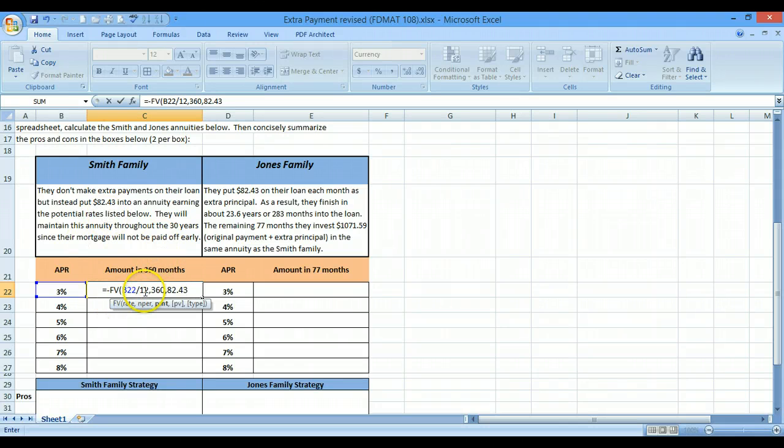And note, I did reference over here the APR because I want to click and drag to find the future value for all of these scenarios.